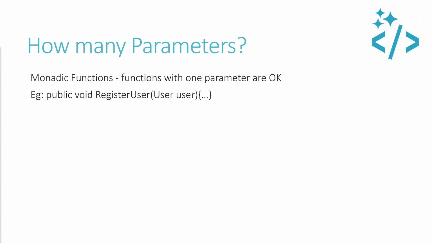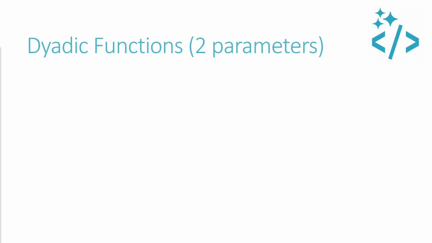How many parameters should a function have? Ideally, one parameter should mostly be okay. We have this registerUser, which takes a user. We have also the dyadic function, which has basically two parameters.